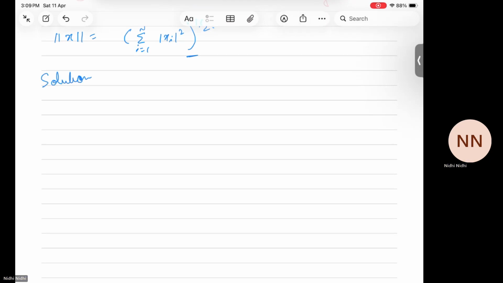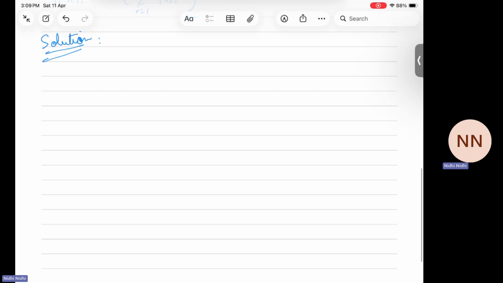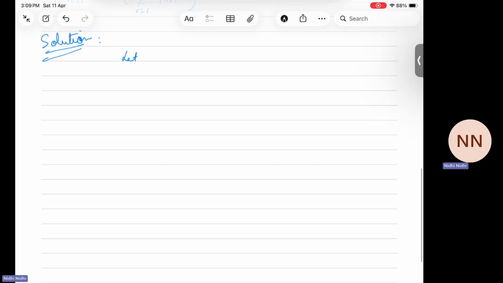Solution. So, let us check whether this is a norm or not. Let's go one by one. Firstly, let's see whether it gives a positive value for all x.